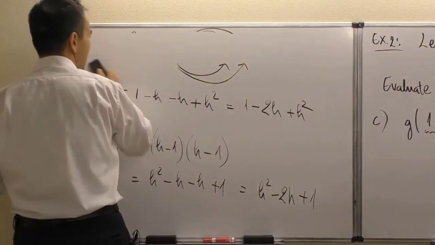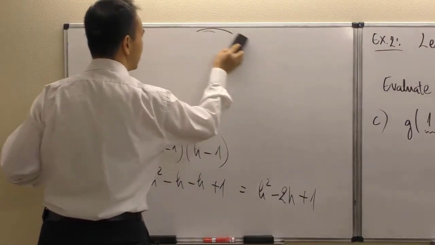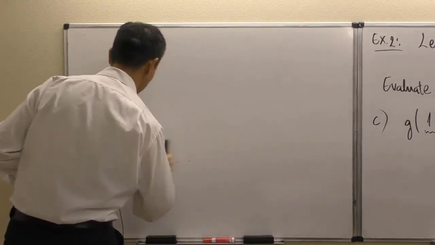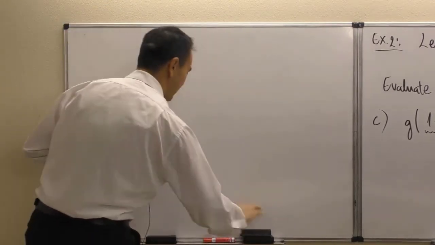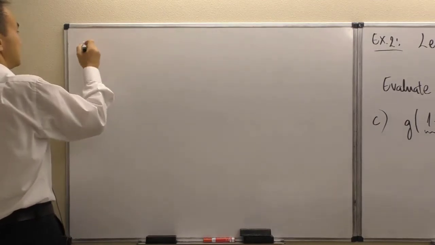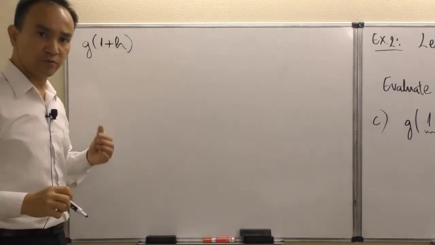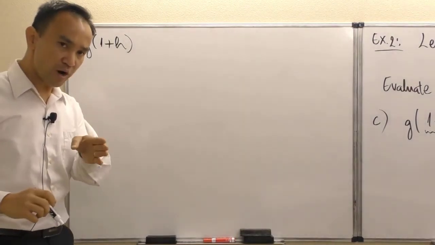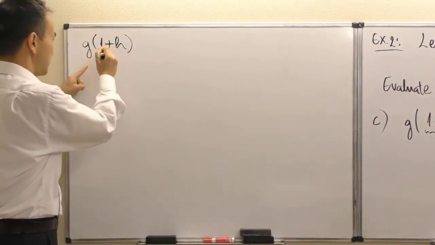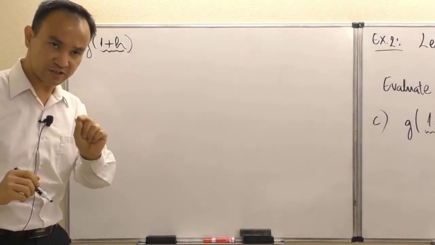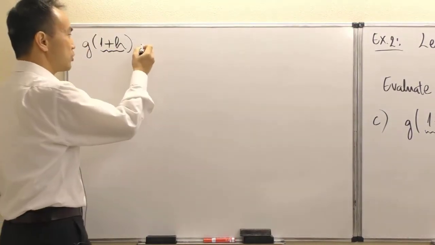All right, so on this board space that I'm going to be using as scratch work, g of 1 plus h, the rule says we take the square root of the input. Again I remind you, the entire 1 plus h here is the expression that is used as the input.